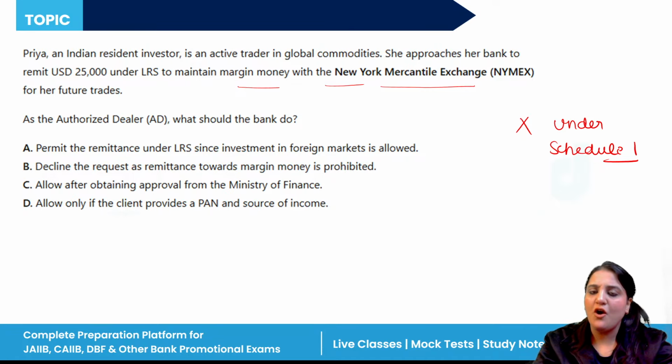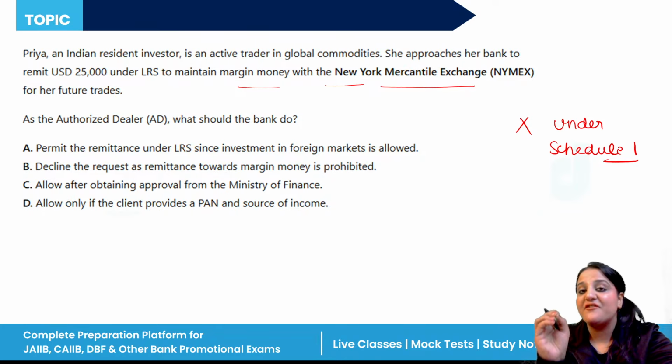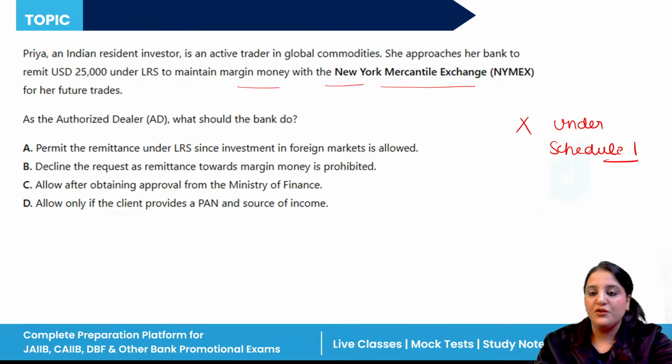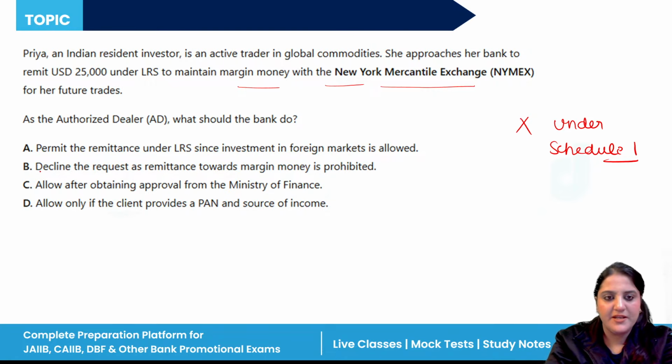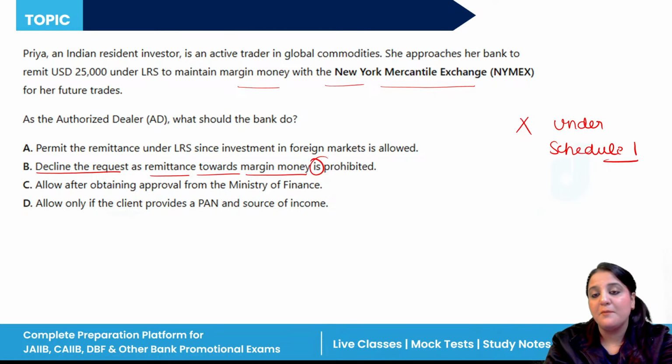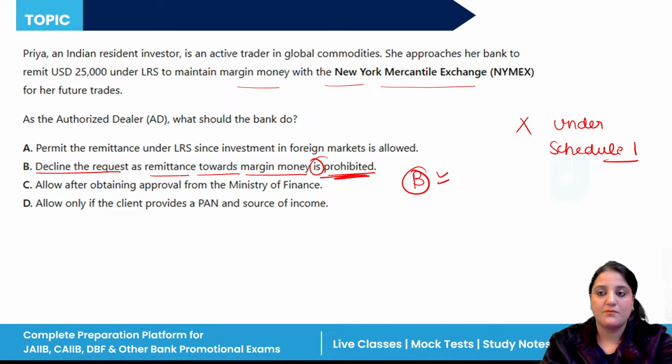So obviously the authorized dealer has to deny this transaction. So why does RBI restrict margin payment? Just because of speculative and volatile capital outflows. That's why RBI restricts margin payment. So option B is correct, in which the request is declined as remittance towards margin money is prohibited. So option B is correct here.